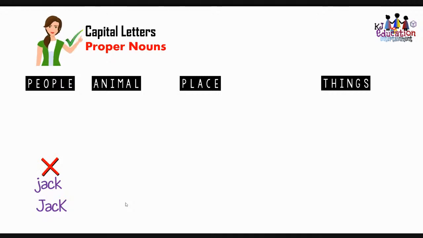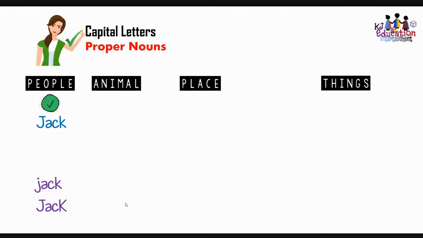The name of the person is Jack, and the letter J in the first one is in lowercase. So how do you spell it correctly? Is it the second one, capital J A C and a capital K? No, that is also wrong. So the right one would be Jack. There you go. Capital J, then A C K.